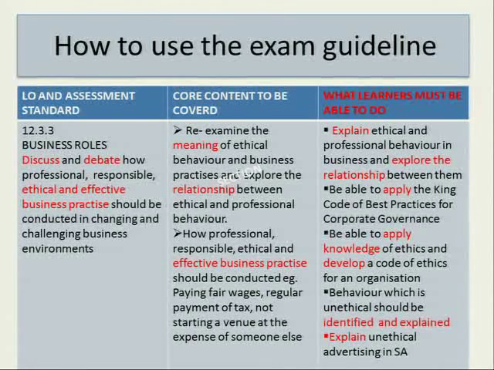That is between ethics and professionalism. Apply the King Code of Best Practices and apply the knowledge of ethics. Develop a code of ethics for an organization, and then lastly also identify and explain unethical behavior. This can also be done by making use of case studies or scenarios.